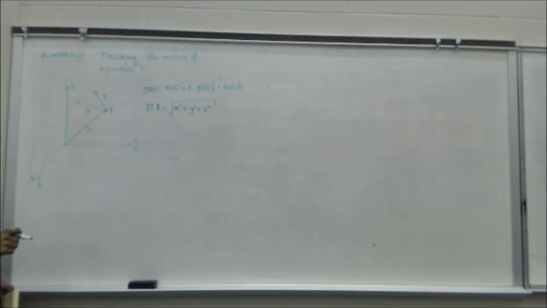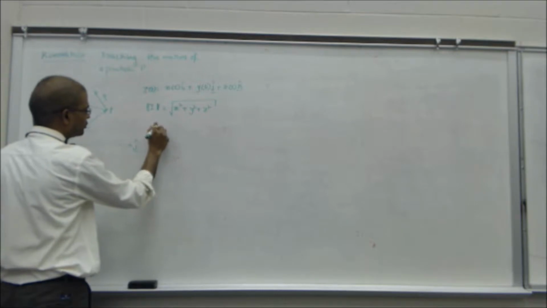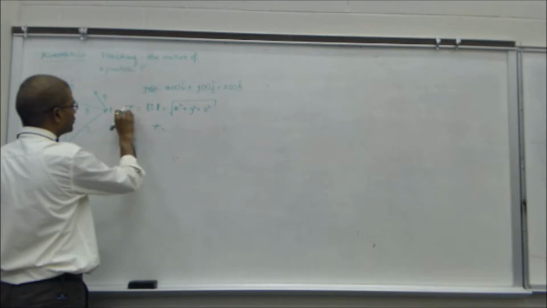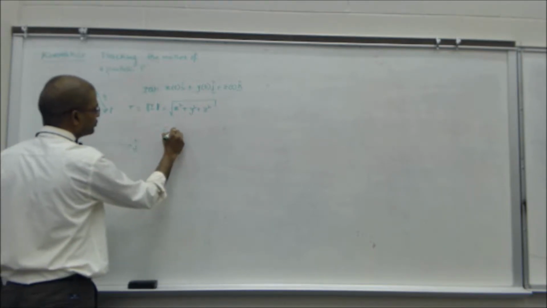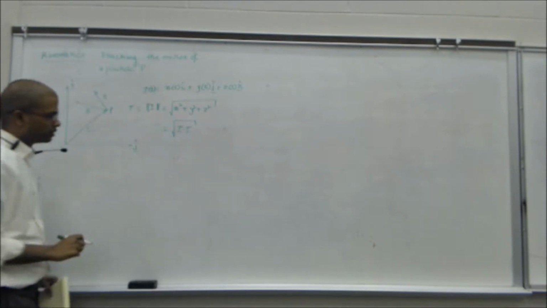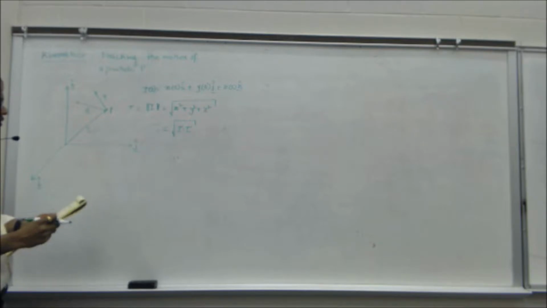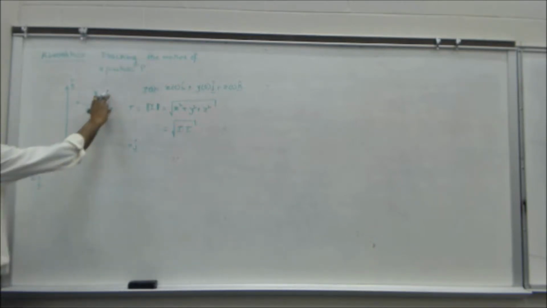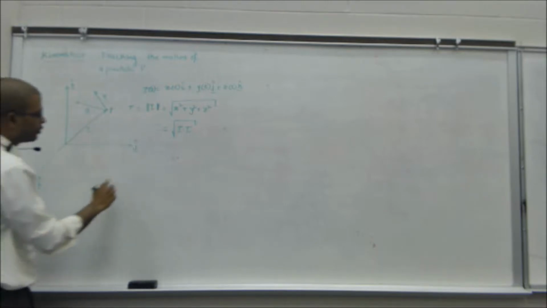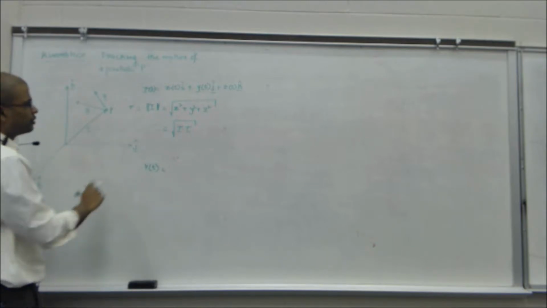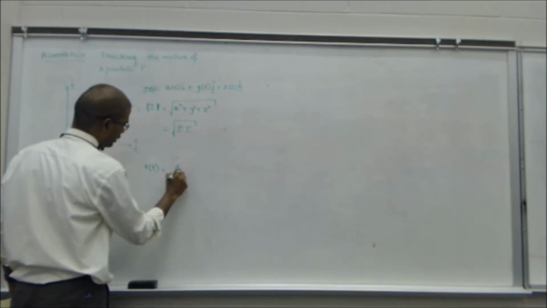All right, and r is also equal to root of r dotted with r. So this is the position, this is the particle, this is the velocity, and this is the acceleration. How do we calculate the velocity? Velocity would be the derivative of r.